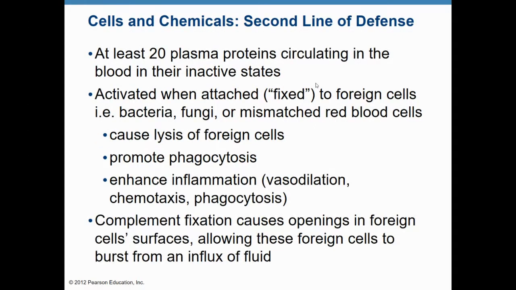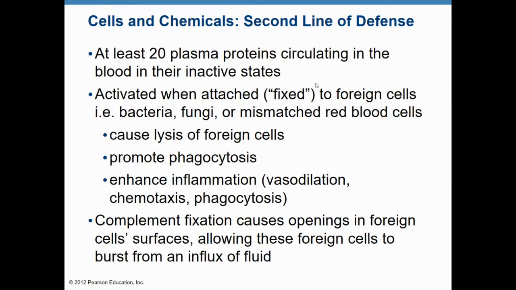Now, our complement proteins are going to be composed of these plasma proteins. There's about 20 different plasma proteins that circulate in an inactive state. They become activated when they are attached to foreign cells, things like bacteria, fungi, or mismatched red blood cells.